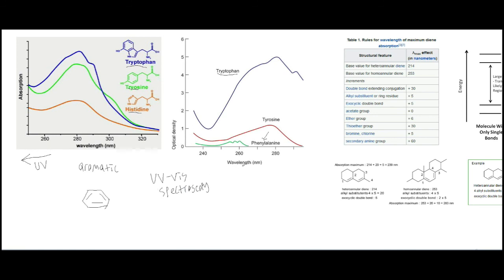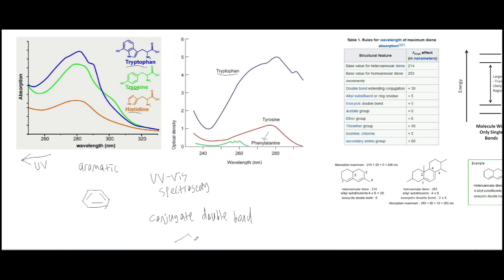And so as far as this aromaticity, which is a special type of what's called a conjugated double bond. That's a special case of the conjugated double bond, which just means alternating double bonds.